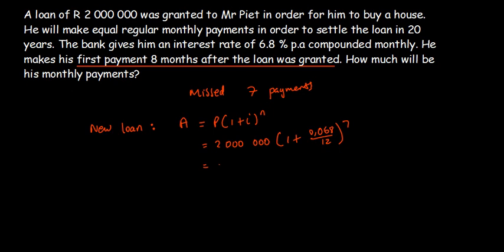Right, so the new loan will be 2 million, 80,000, 694, 809, 831 9208.